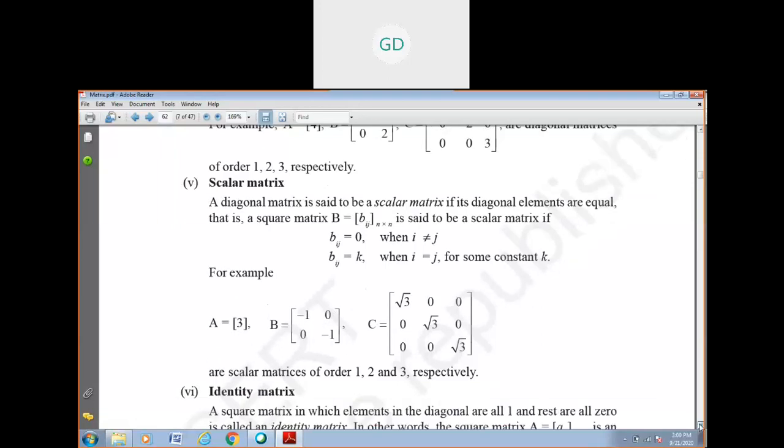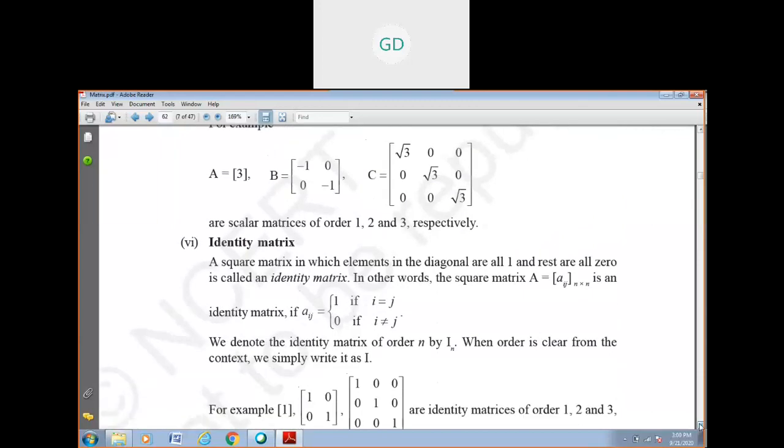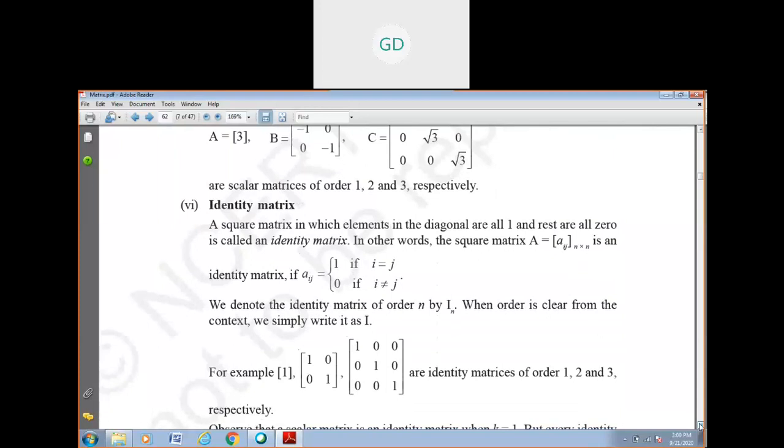Next, another type is the identity matrix, a very widely useful definition, and in operations it will be very impactful. A scalar matrix is an identity matrix if the diagonal elements are strictly one, no other elements allowed.